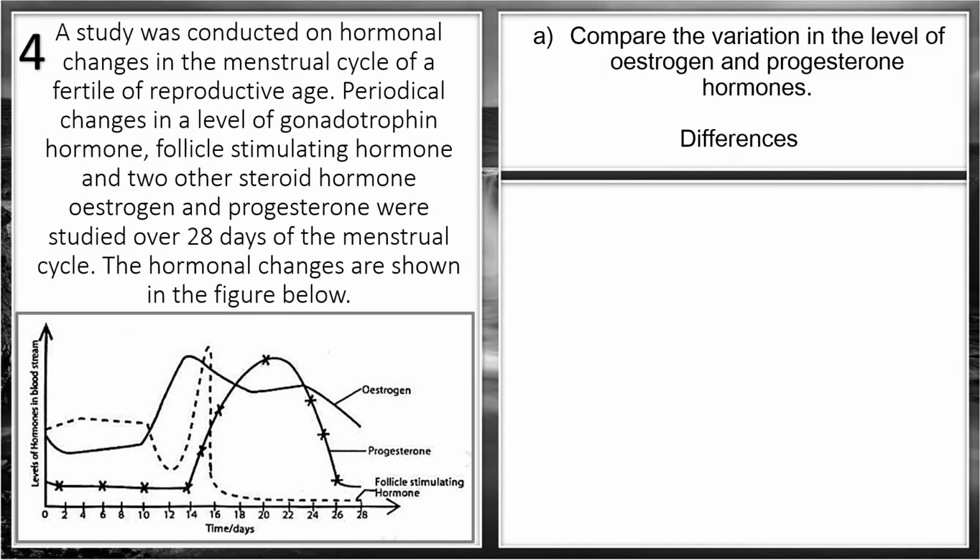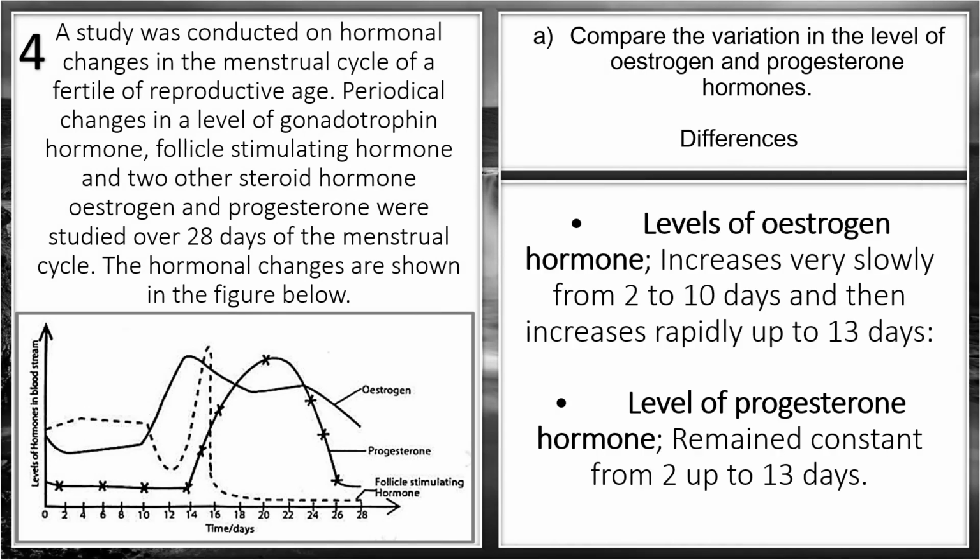Now let us look at the differences. The level of estrogen hormone increases very slowly from 2 to 10. So from 2 to 10, if you are looking at estrogen, it is increasing very slowly. And then it increases rapidly up to 13th day.